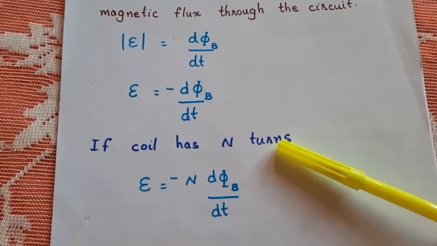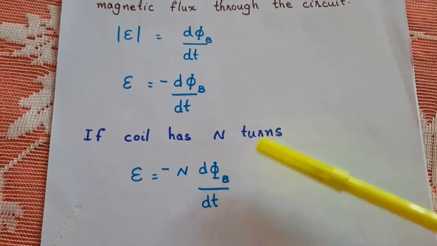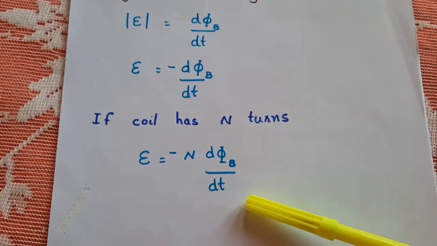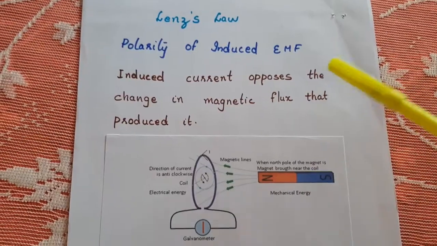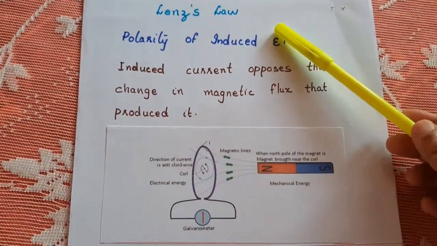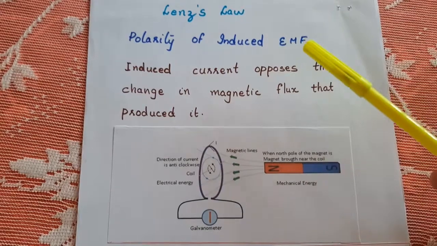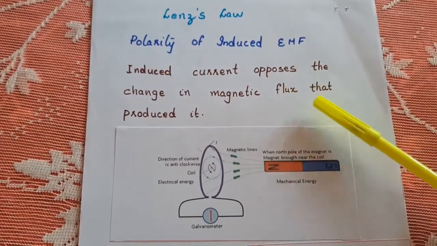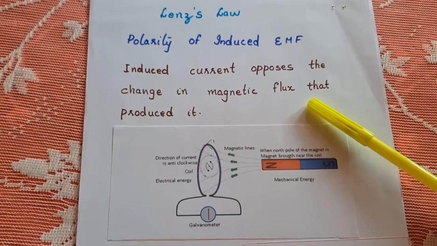If the coil has n number of turns, then the induced EMF will be n times d phi by dt. The polarity of the induced EMF is given by Lenz's law. According to the law, the induced current opposes the change in flux that produced it.